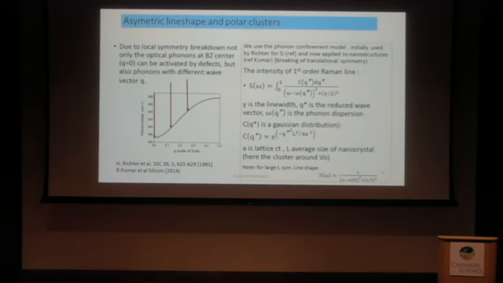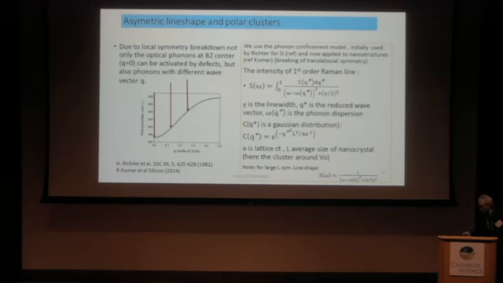You make a summation on q star, the reduced wave vector, in units of pi over the lattice parameter. If you have large L, meaning you have no defect, you find again the Lorentzian shape.